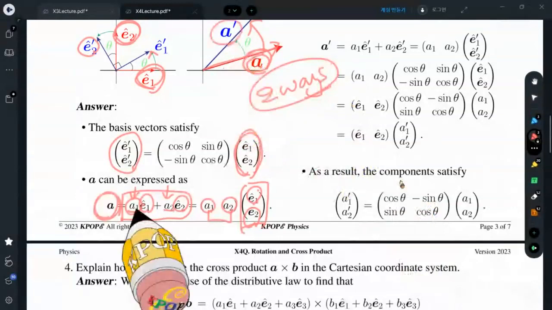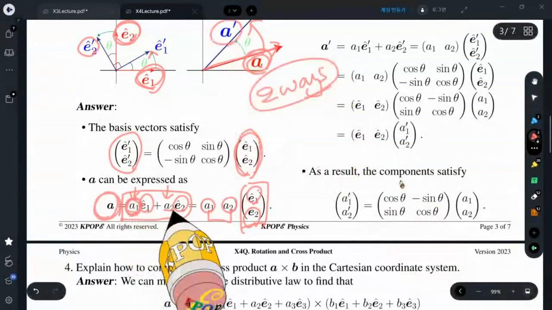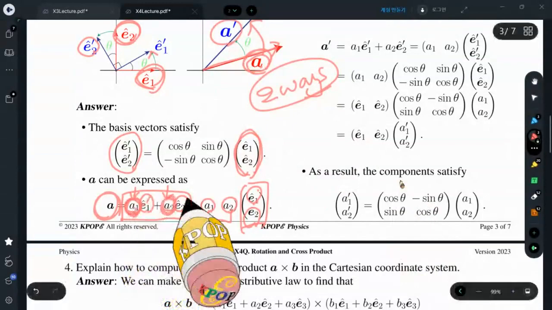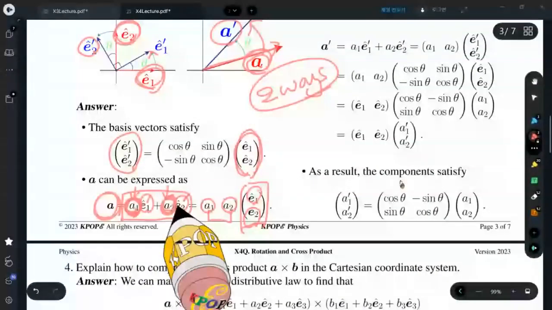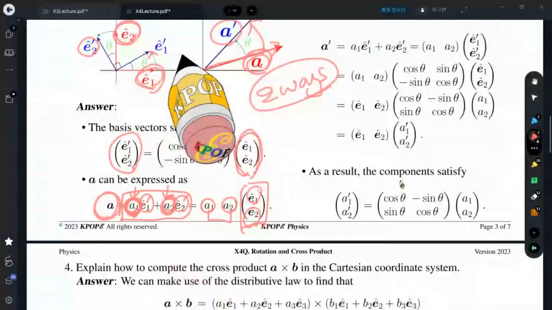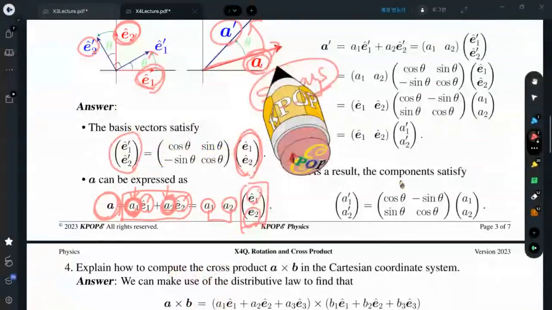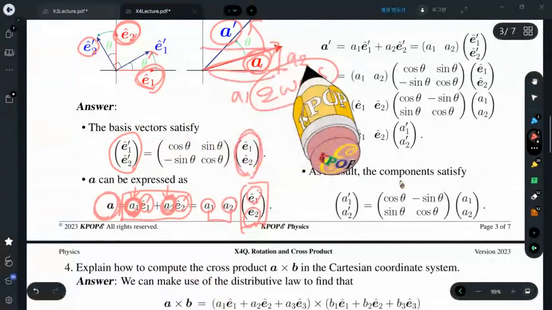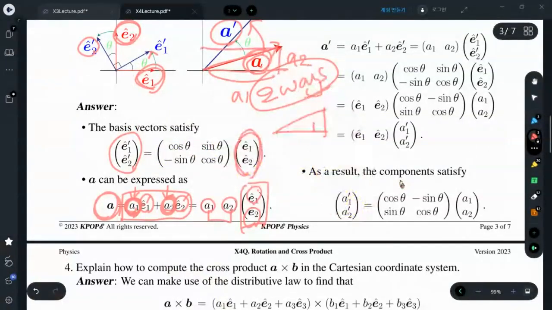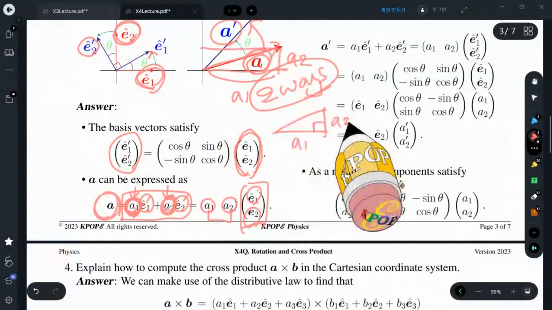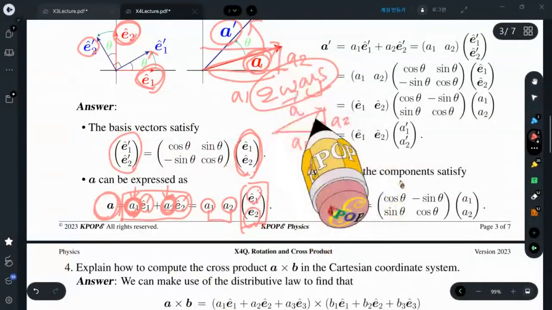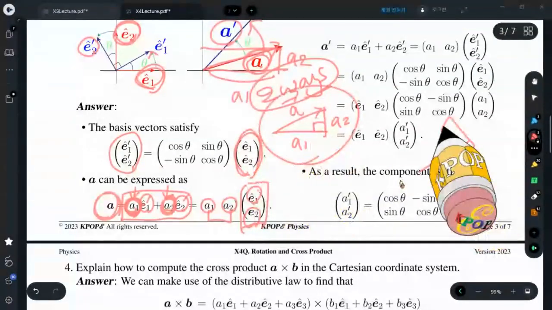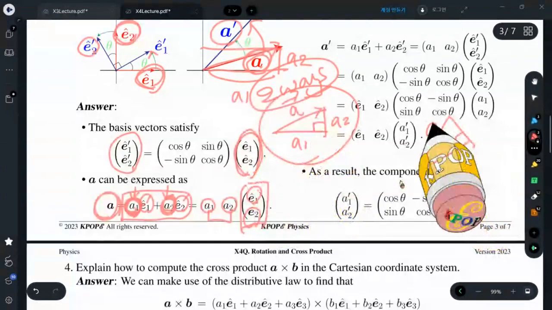One way is to keep these coefficients the same and then just put the prime, because this one is A1 and this is A2. So we have a right triangle A1, A2, and vector A. We would like to rotate this one in this manner, and we have a prime vector.